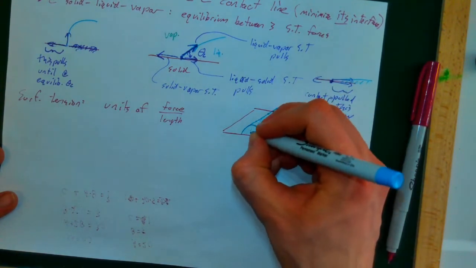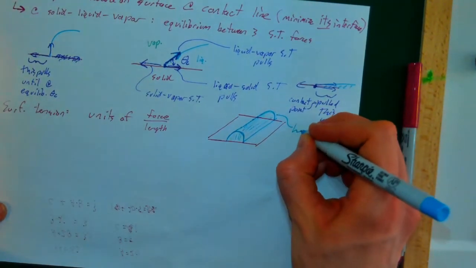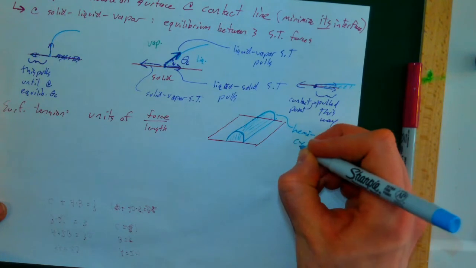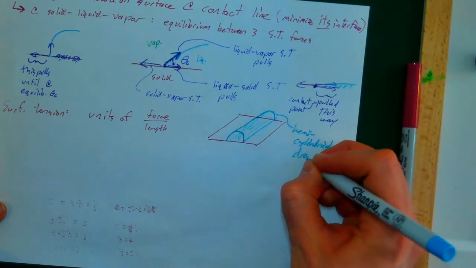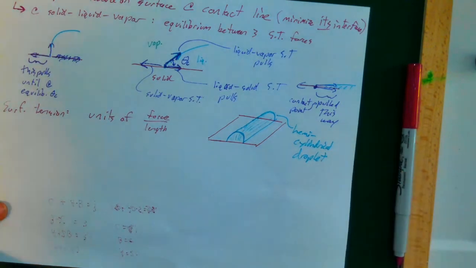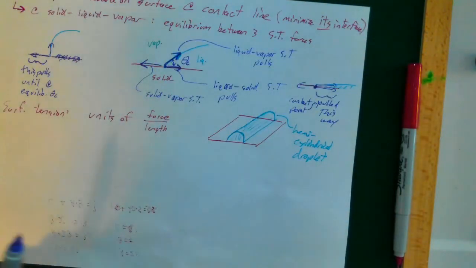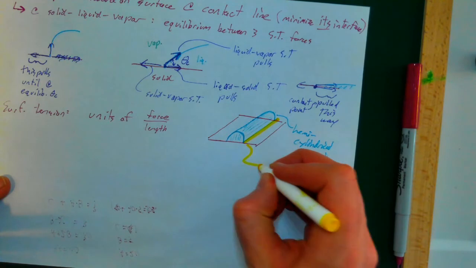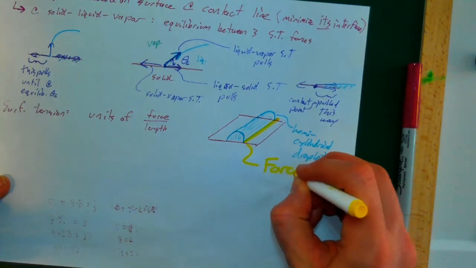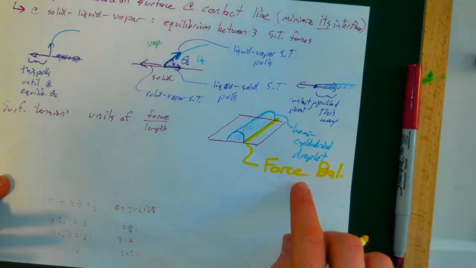So imagine a weird hemi-cylindrical droplet. If I had this weird hemi-cylindrical droplet, you could imagine doing a force balance on the line.